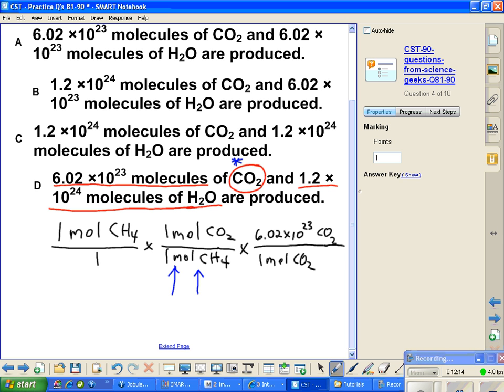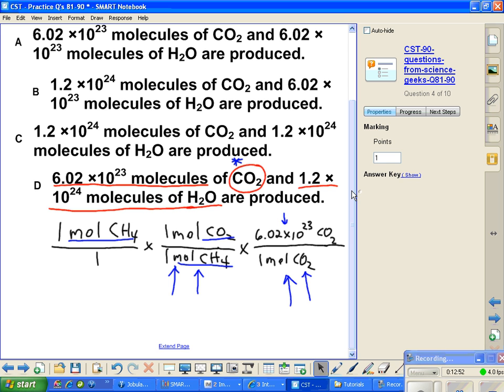That gets me from moles of CH4 to moles of CO2. The next part is to get us into molecules of CO2, and this is the Avogadro number. 6.02 times 10 to the 23rd is equal to 1 mole of CO2. And so you can see that that does work. We come up with 6.02 times 10 to the 23rd CO2s. So there's no problem here.